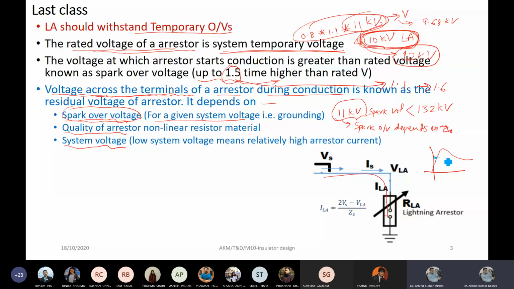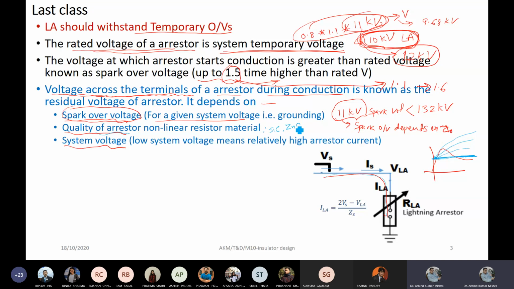Ideally we think the voltage across the lightning arrestor should stay fixed at this, but it is not, because whatever nonlinear resistor we put will not be ideal, and the voltage will rise like this. So depending on the nonlinear resistance material, this characteristic will differ, and that's why we call it the quality of the arrestor. Basically the two materials used for lightning arrestors, as I have mentioned, are silicon carbide and zinc oxide. This is also called the metal oxide arrestor.